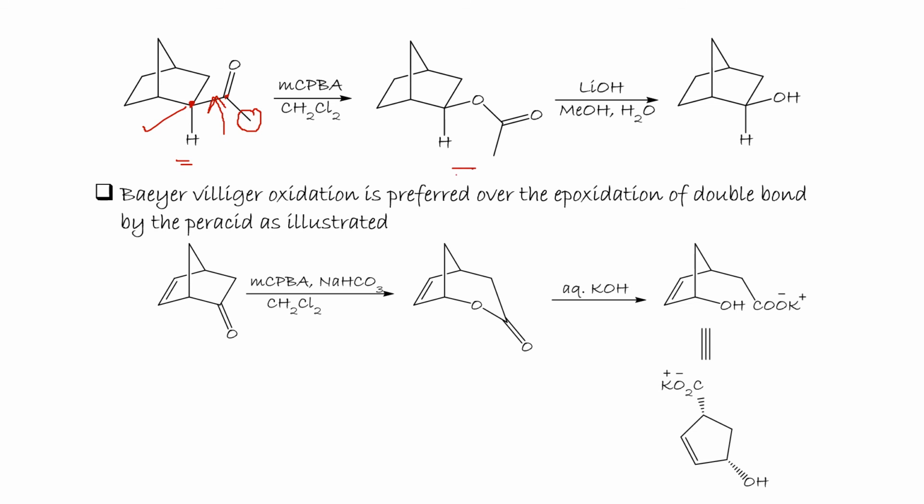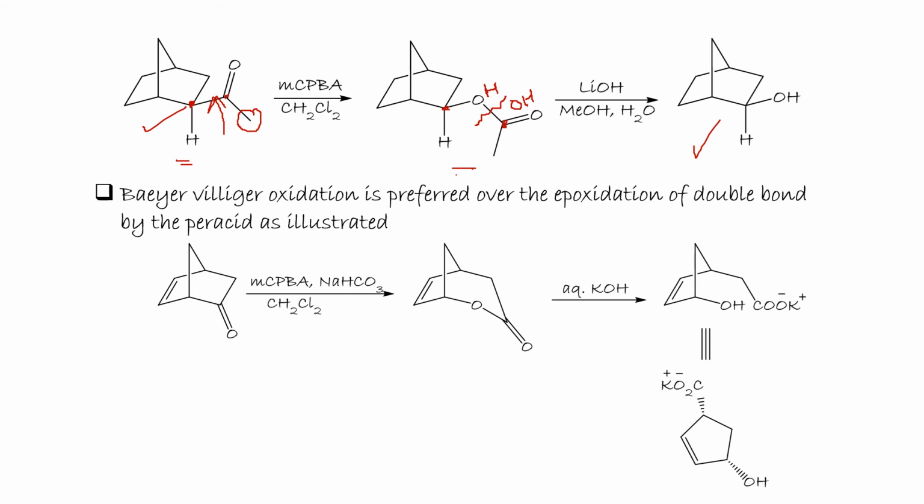Okay? The ester will hydrolyze with base. We give here OH to this carbon and H to that oxygen without changing the configuration on this carbon to get this alcohol.